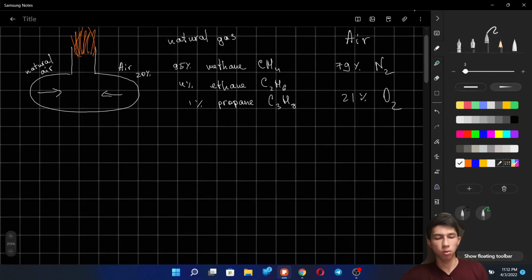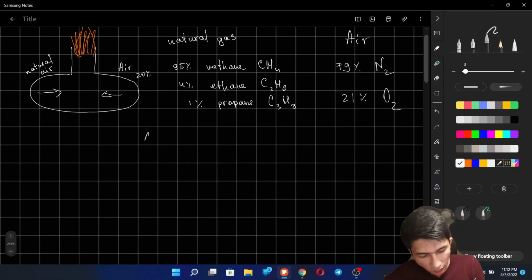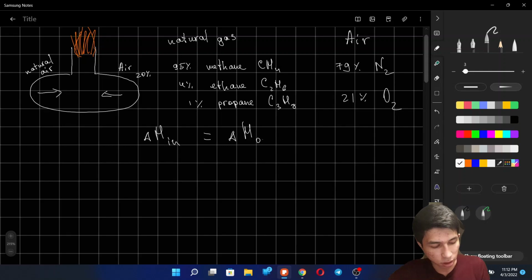As our burner is adiabatic, the enthalpy coming in must be equal to the enthalpy leaving the burner, right?